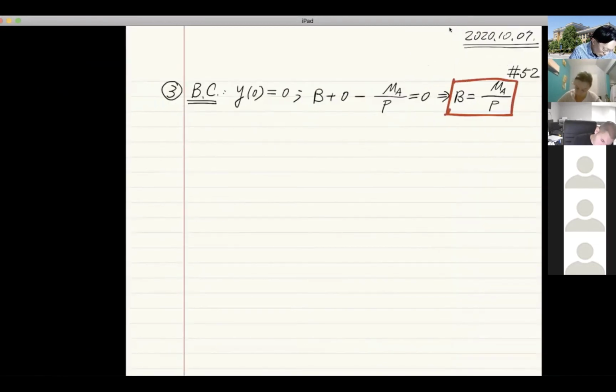Next, we plug in the boundary condition at support B. That means y at x equals L equals 0.